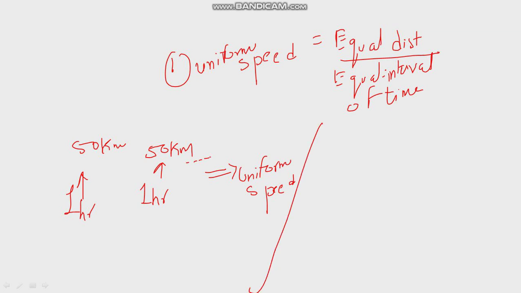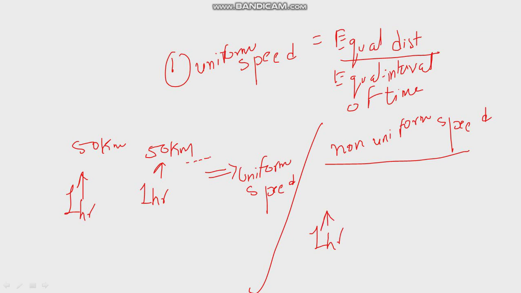But as far as non-uniform speed is concerned, it would be not equal distance in equal time. For example, in the first hour 60 kilometer, and in the second hour it covered 40 kilometer.